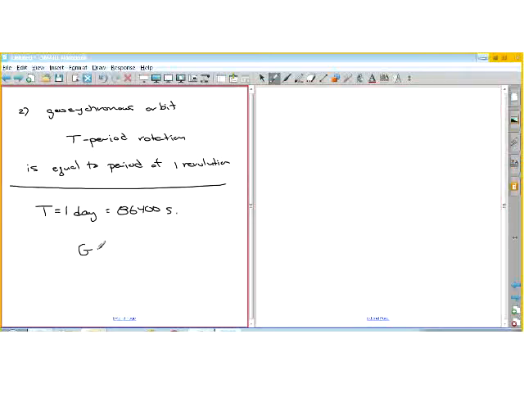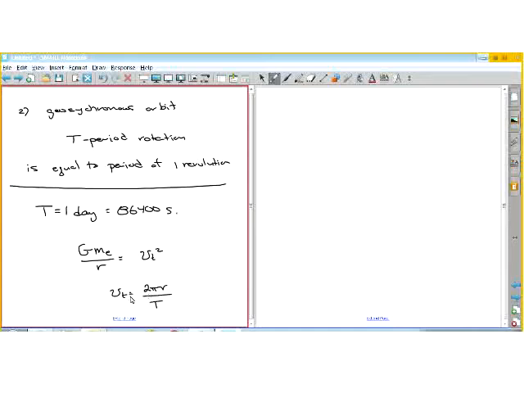If I take the relationship that the gravitational constant times the mass of the Earth divided by the radius equals the tangential velocity squared, what I'm looking for is the radius, and then you can calculate v. So in this case, you've got that equation. You also have that the tangential velocity is equal to 2 pi r divided by the period.